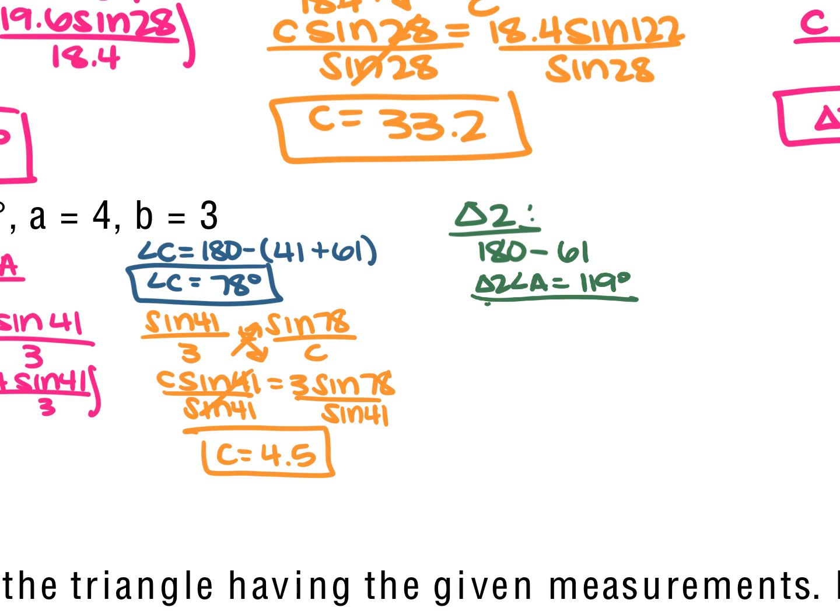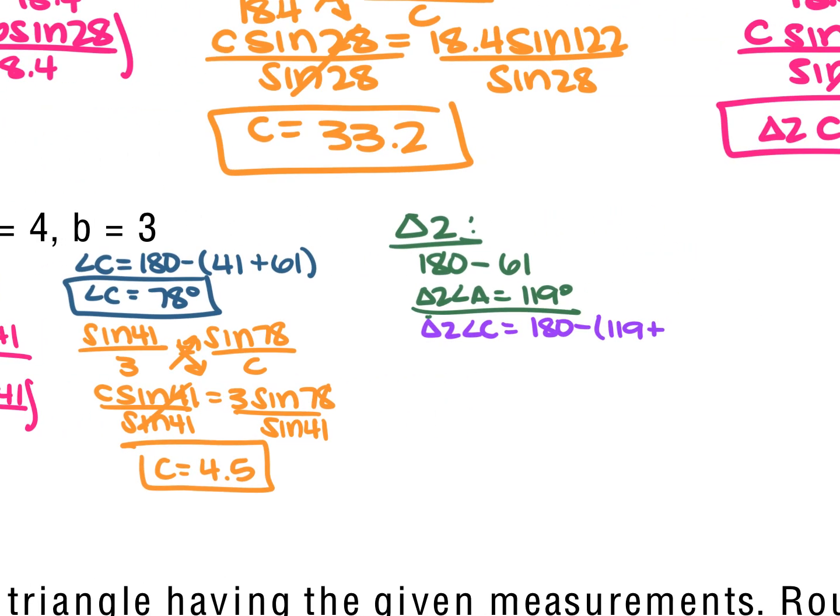To see if we have an angle C for triangle 2, we would do 180 minus the sum of 119 and the angle B that's given to us, which is 41. So 180 minus 119 plus 41 gives us 20 degrees. That is perfectly okay to have. So that's another angle that we have for our second triangle.